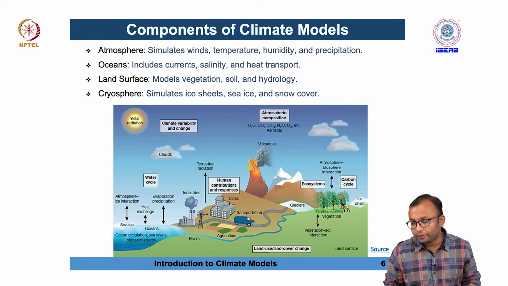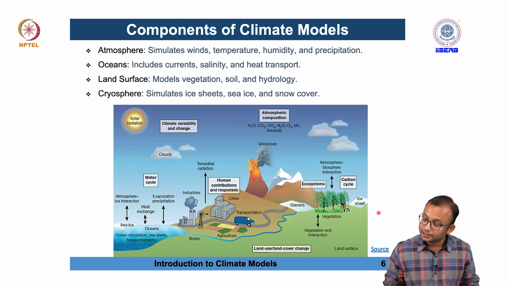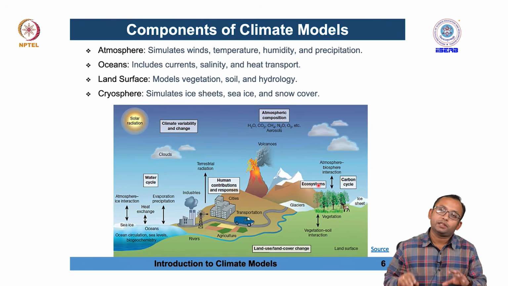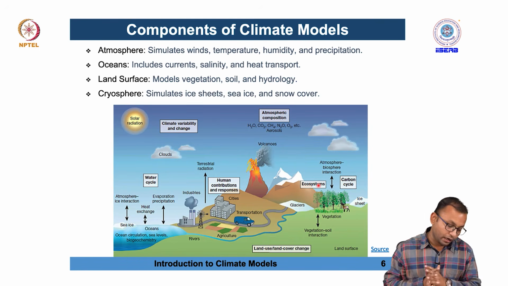Then we have the land surface component, where we have vegetation, animals, and biodiversity, basically interacting with the atmosphere and biosphere through the carbon cycle. Then we have the cryosphere component, where we have glaciers, sea ice, and ice sheets, and then the ecosystem of mountains, which are represented in the global climate model.